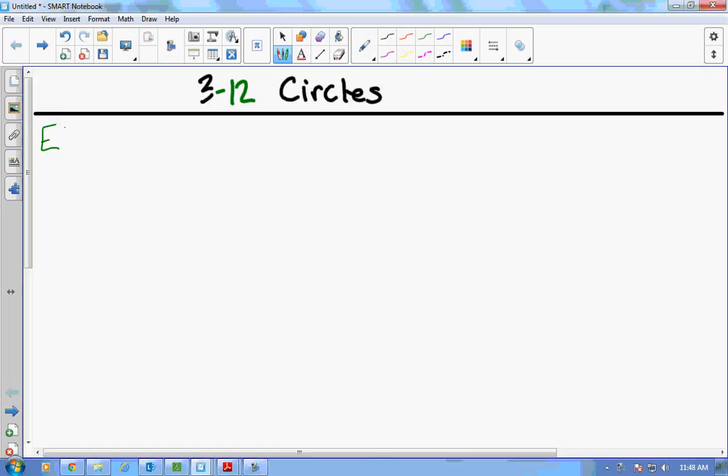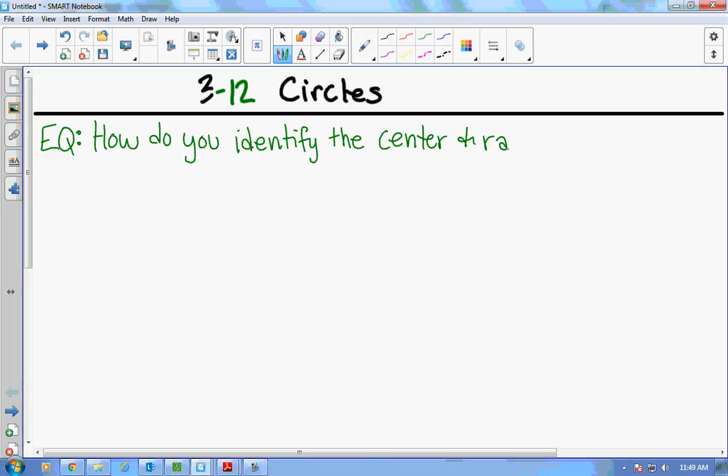Okay, essential question. How do you identify the vertex, that's not the word, the center and radius of a circle when given the equation?